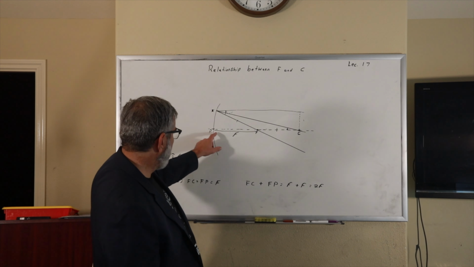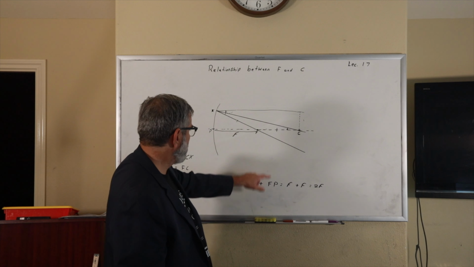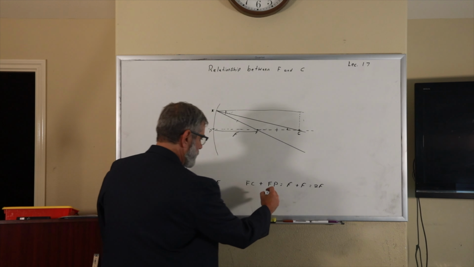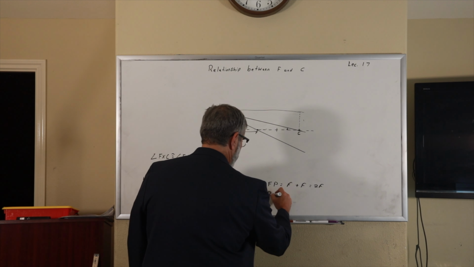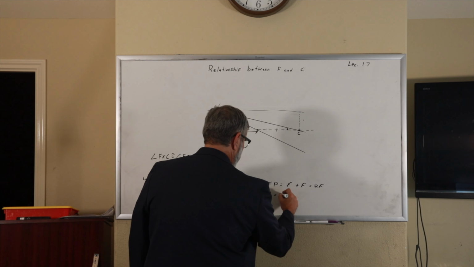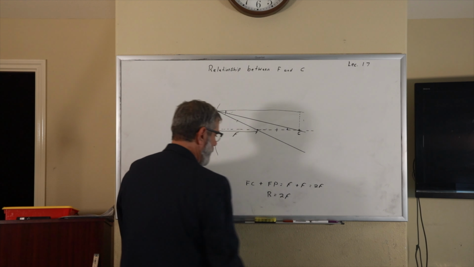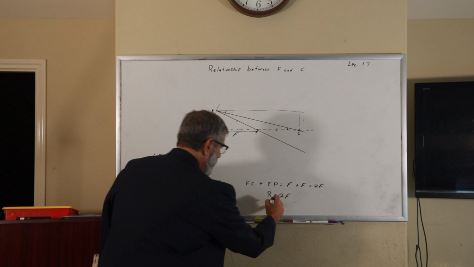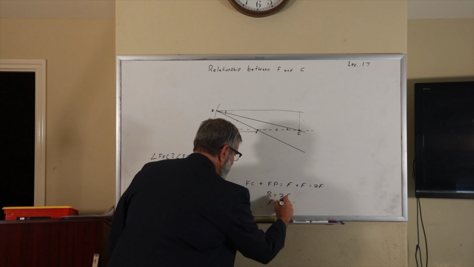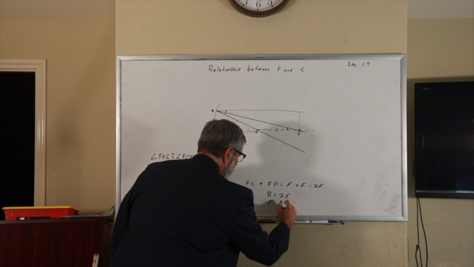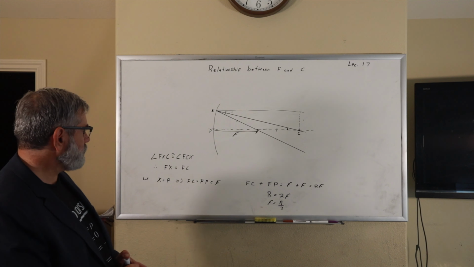But this distance, FC plus FP, is just the radius of curvature, R. And so we get that R is equal to 2f, which means, of course, that the focal length is equal to half of the radius of curvature. And that's that.